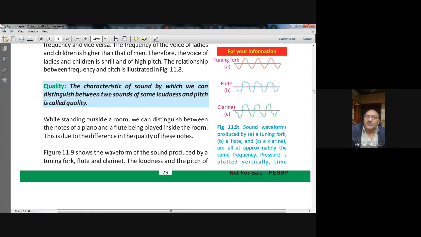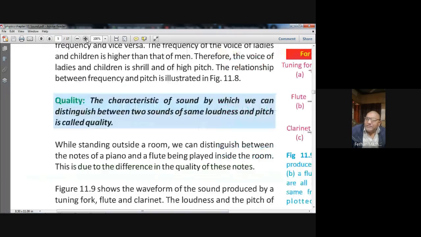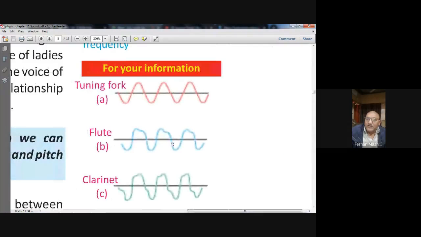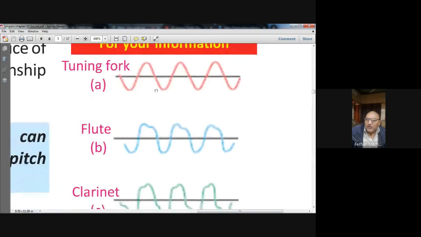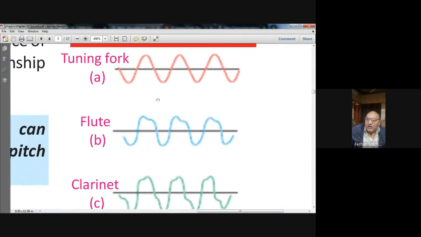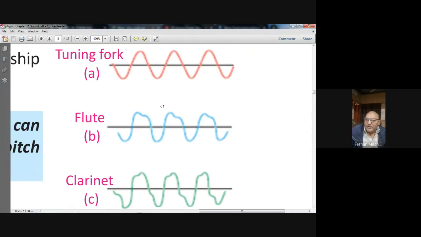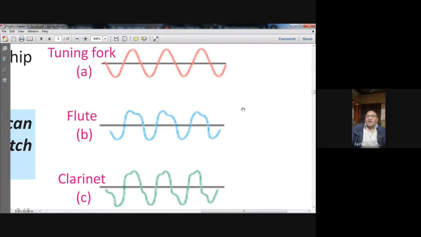For example, I can show you an example here. A very simple sound is that of the tuning fork. Now you can see these waveforms.